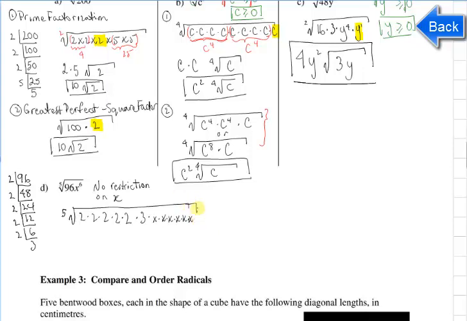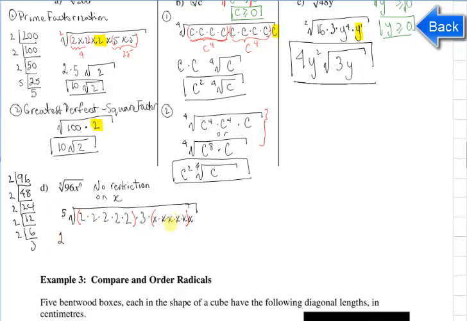Okay, so because my index is a 5, what I want to do is group all of my factors into groups of 5 if I can. And so I have one group of 5 2's, and I have one group of 5 x's. And so when I take the fifth root of this group of 2's here, that will give me 2.